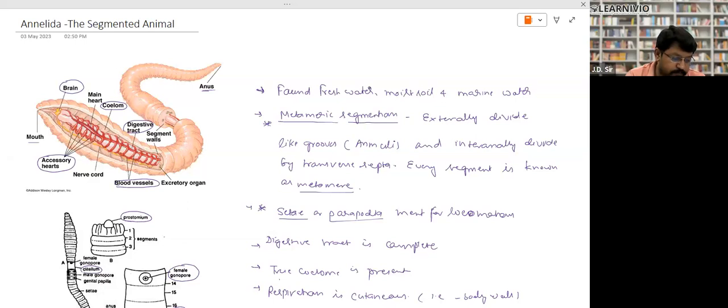Full stop. Many of them live as parasites.